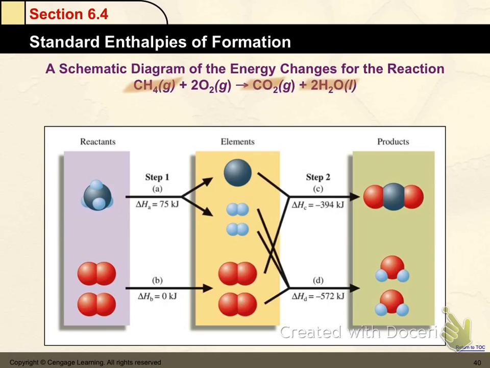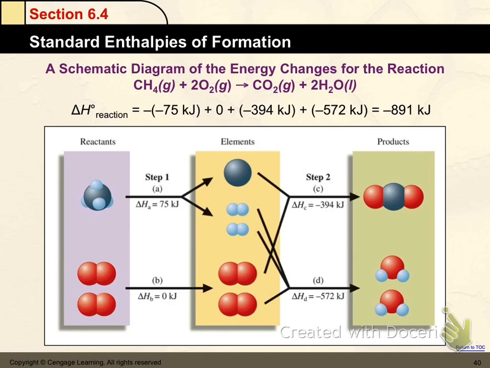We don't have to write all those little equations and flip them around and multiply by integers. Instead, we can do the following. We can calculate what's called the delta H of reaction, which is essentially the same delta H that you calculated in Hess's law. Delta H of reaction takes a look at the standard heats of formation of all of the products and all of the reactants involved.